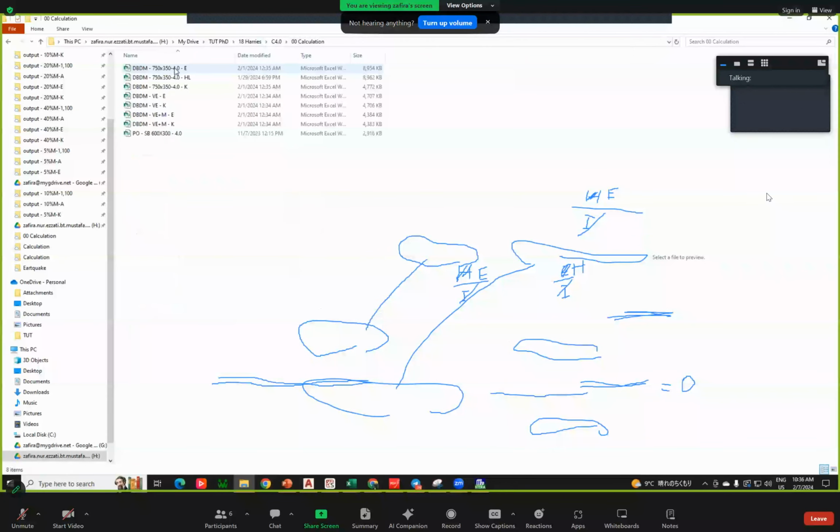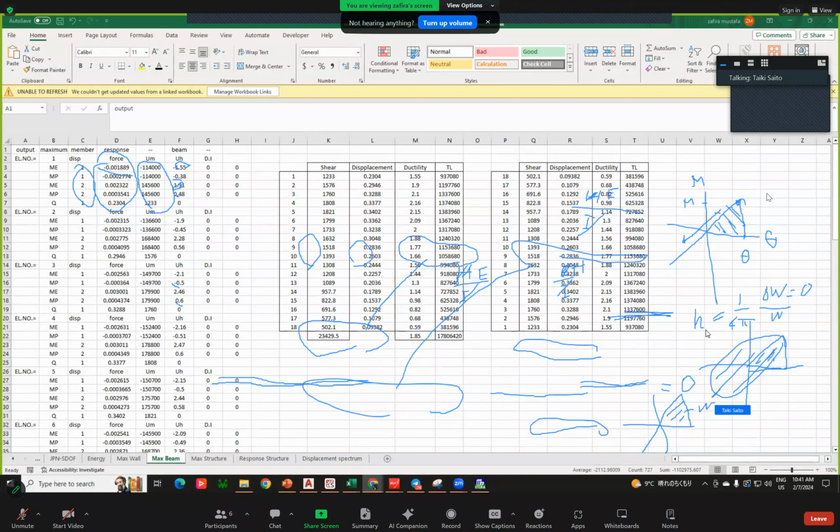And in case of a linear element, this energy dissipation is 0. Okay. But you have potential energy here. This is W. Okay.